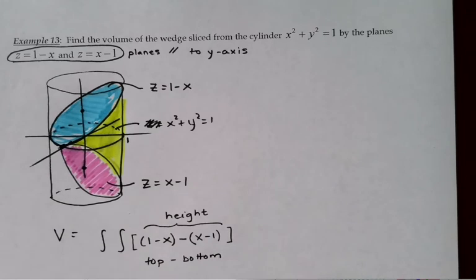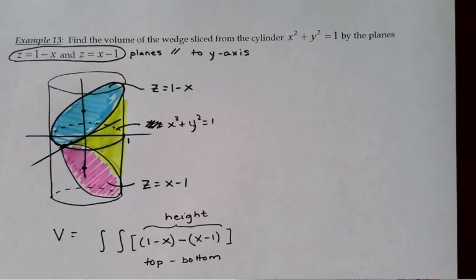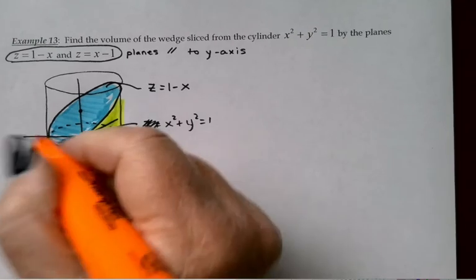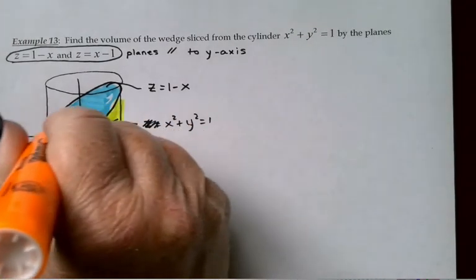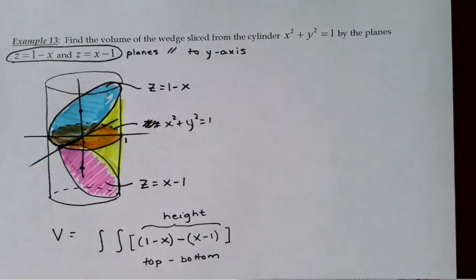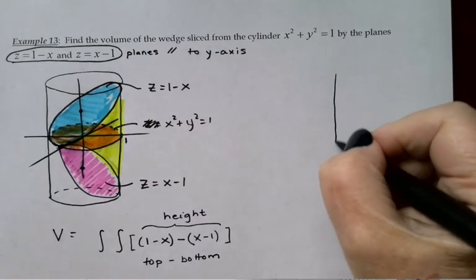All right, let's think about our R. R is going to be the region in the xy plane, and that's really been cut out by the cylinder this time. It's really just this whole circle. X squared plus y squared equals 1.